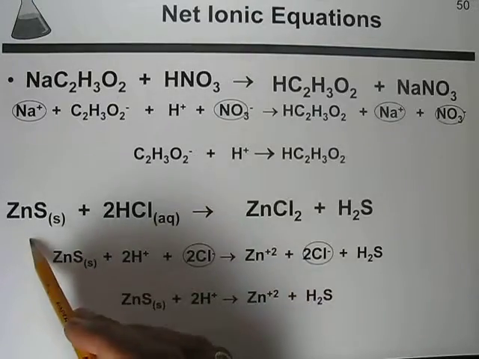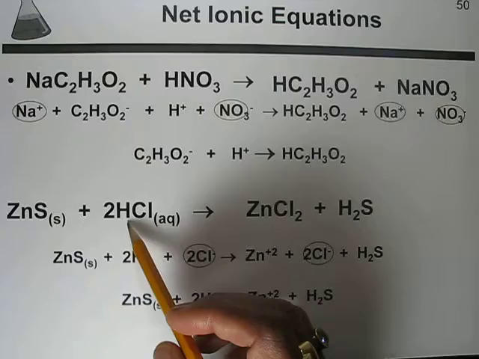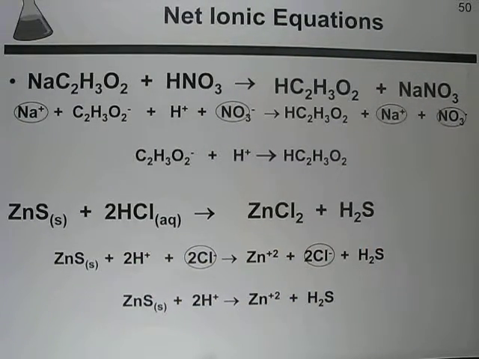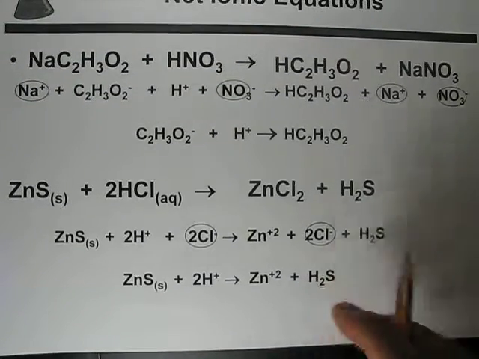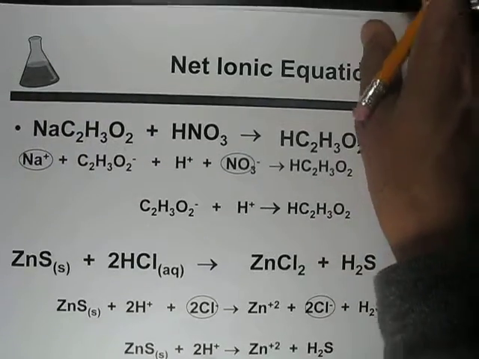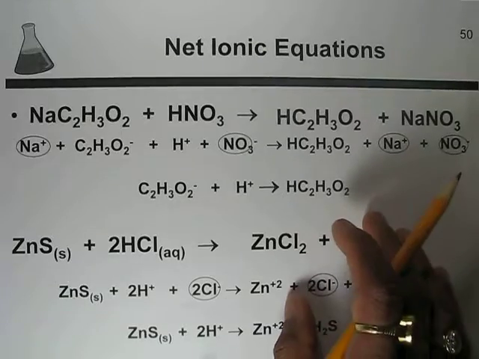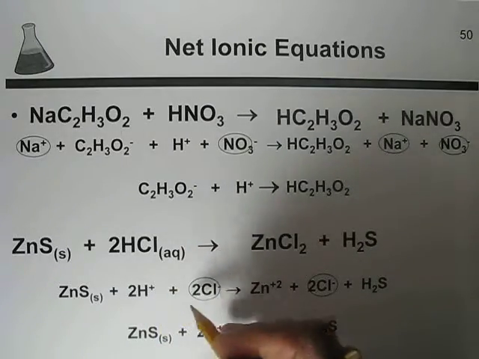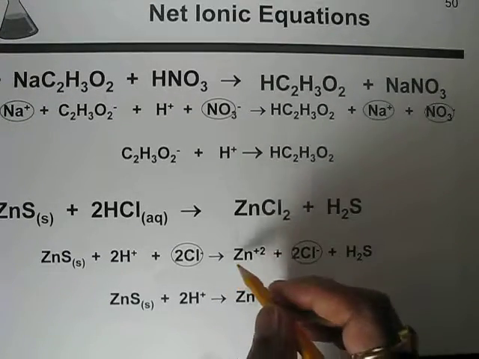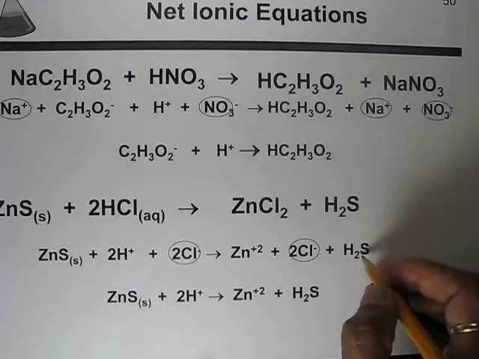The fourth example is zinc sulfide reacting with HCl to form zinc chloride and H2S gas. In this reaction, zinc sulfide is written as a solid, which means it is in precipitate form. When dissolved in HCl, the HCl will be in ionic form, and this will form zinc ion and chloride ion, and H2S gas will form.